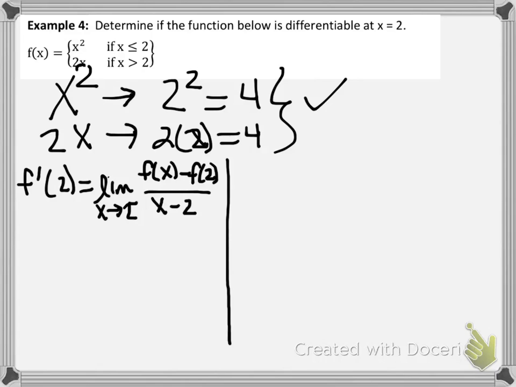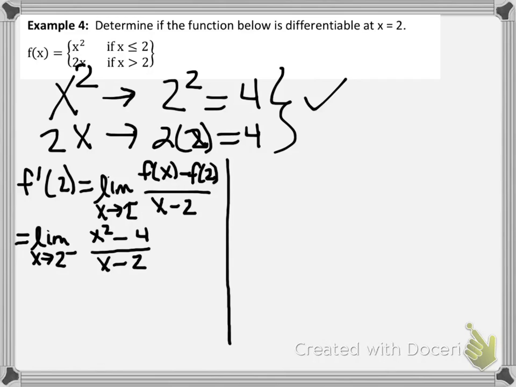Okay, so that's what we're looking at there. So what does this equal? Well, this equals the limit as x goes to 2 from the left of x squared minus 2 squared, right? Which in this case is 4 over x minus 2.